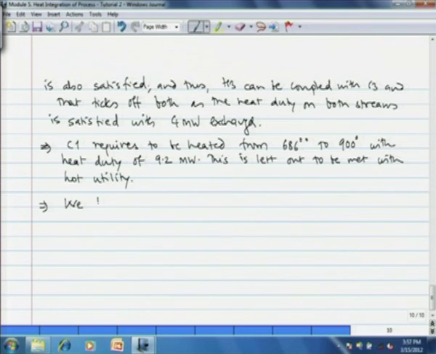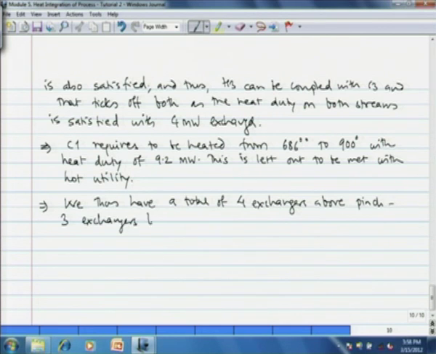We thus have a total of 4 exchangers above pinch, 3 exchangers between process streams and one exchanger between hot utility and process stream.